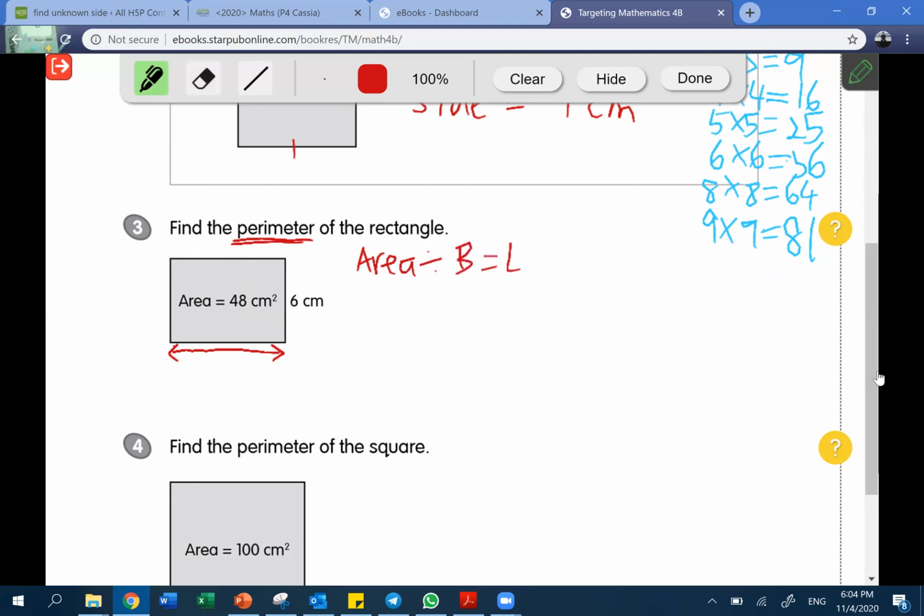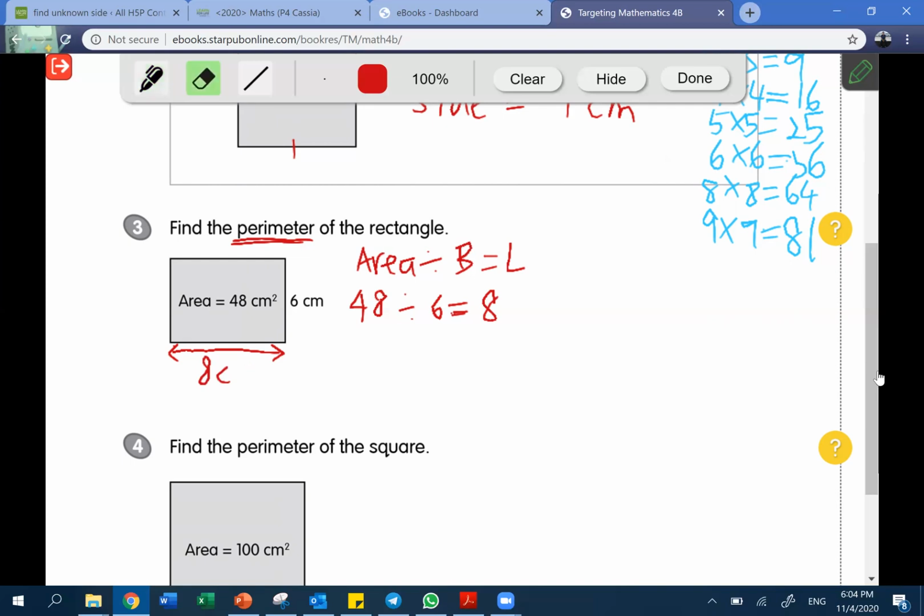Then we will get the length. Okay, so we take 48 divided by 6 equals to 6, 12, 18, 24, 30, 36, 42, 48, equals to 8. Okay, so this part here we've learned is 8 cm.